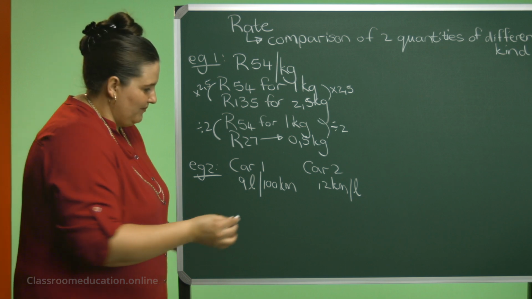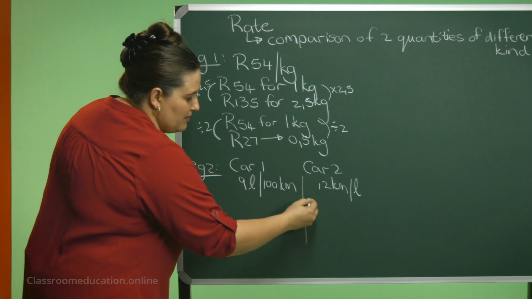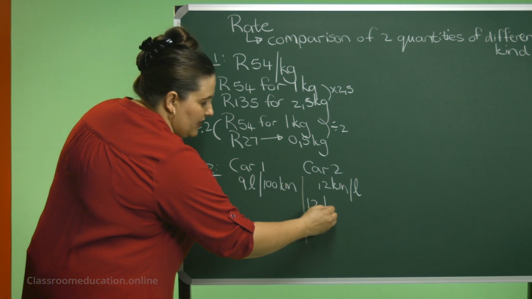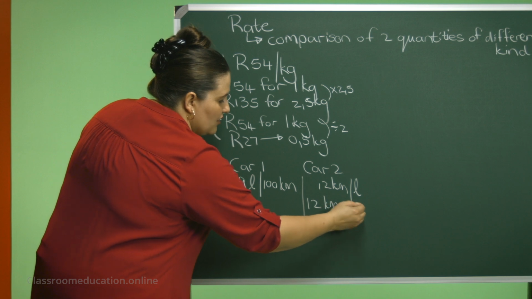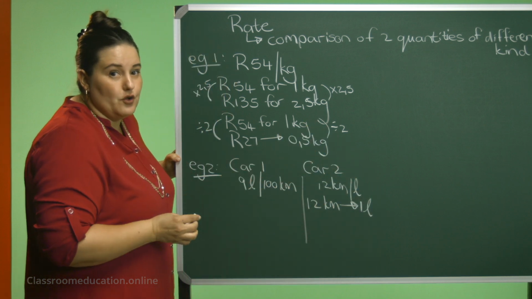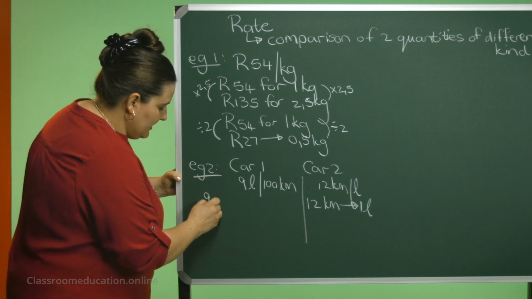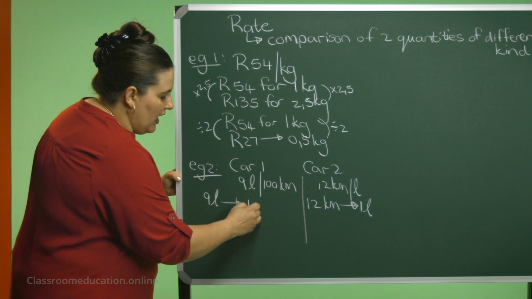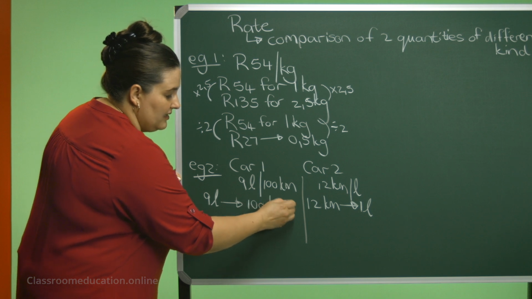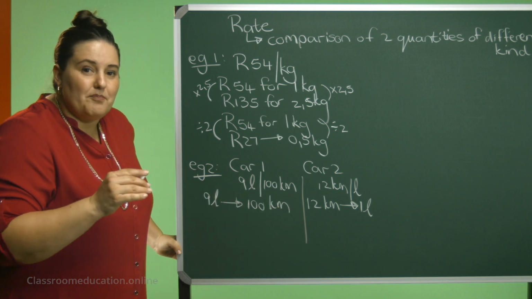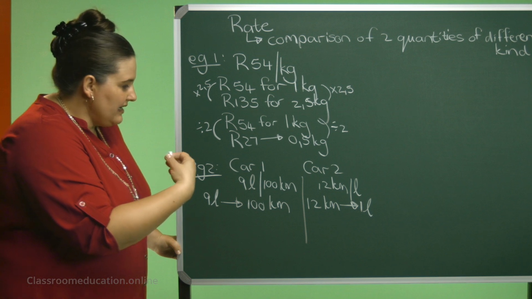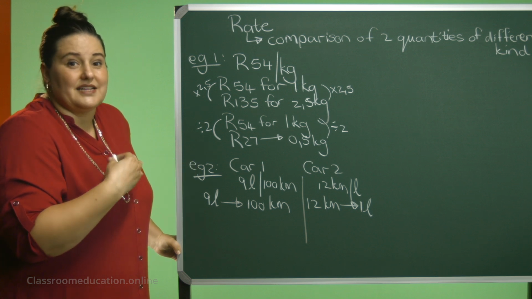Let's have a look. Here, car 2, it means that I can travel 12 kilometers while using 1 liter of fuel. And car 1? Car 1 means I need 9 liters for 100 kilometers. Now, for me to be able to compare these two, I need to have at least something that's the same.